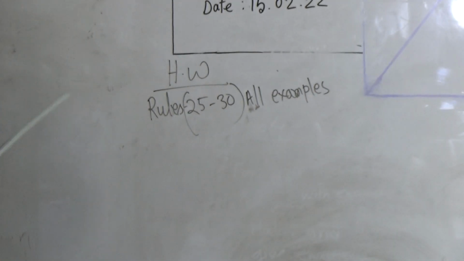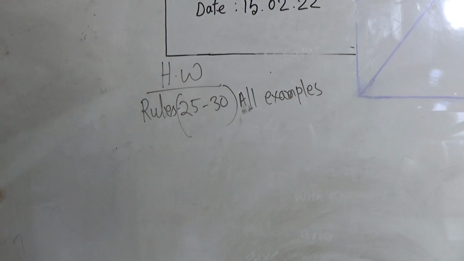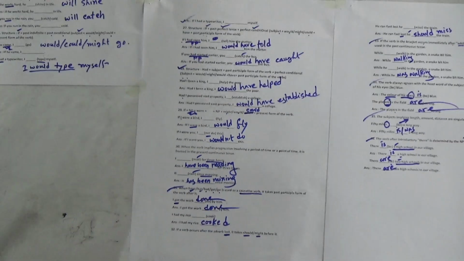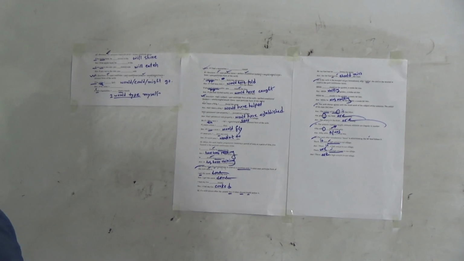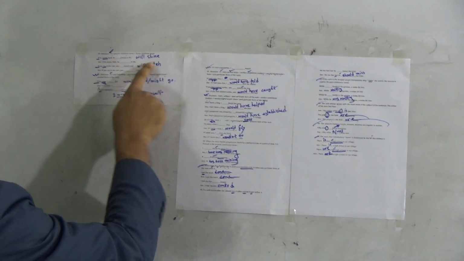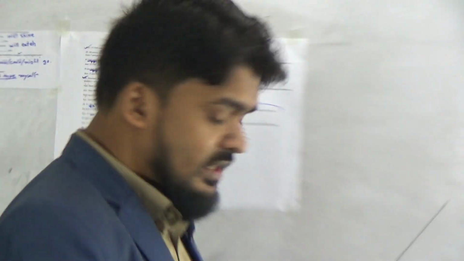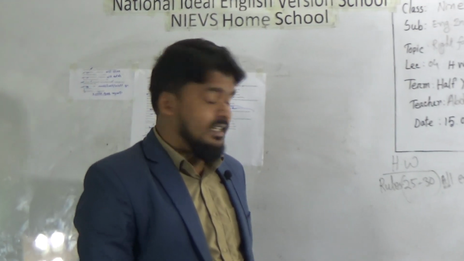Now I am giving you homework from rules 25 to 30. You have to submit your homework, doing all the examples with solutions. There will be possibly 10 examples. After doing this, you will submit next Saturday.